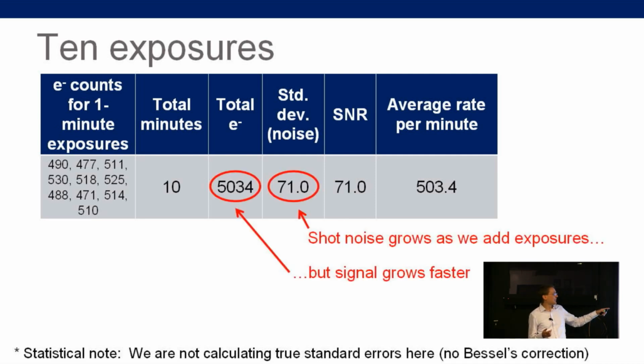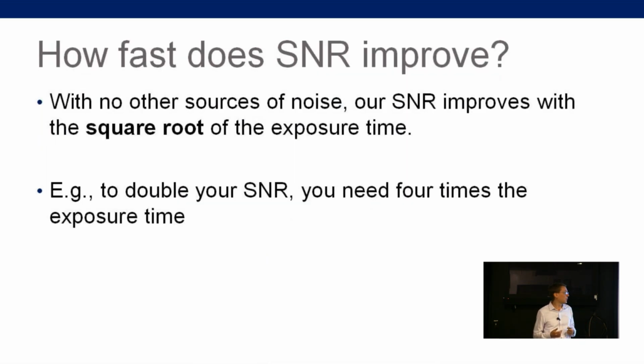The signal is growing with the number, while the shot noise is growing with the square root of the number. Therefore, our signal-to-noise ratio is growing with the square root of the number. So you are getting diminishing returns. The square root of 10 is around 3.1, and we got about a 3.1-fold increase when we increased our total exposure time 10-fold.